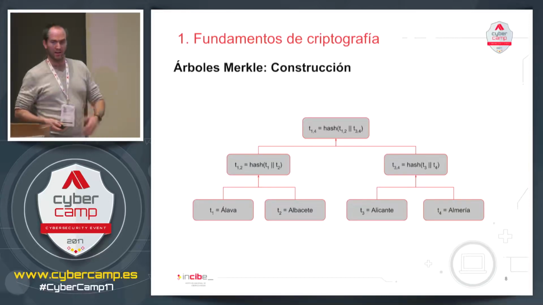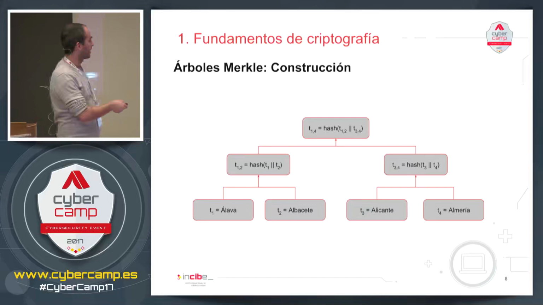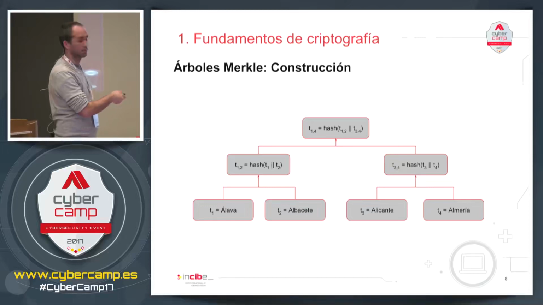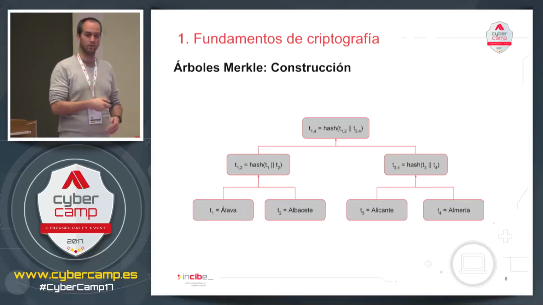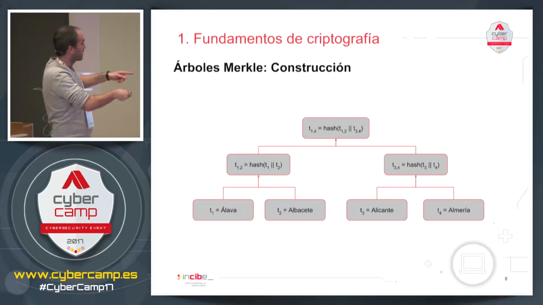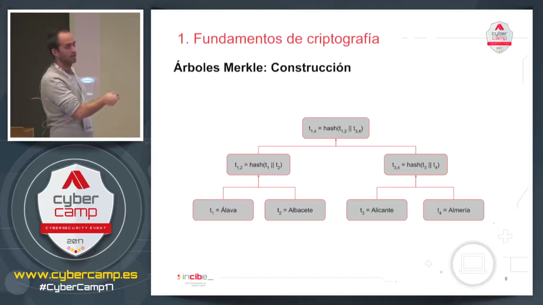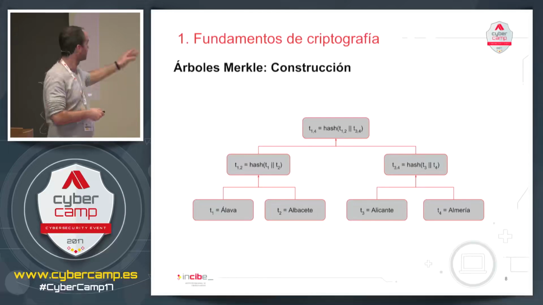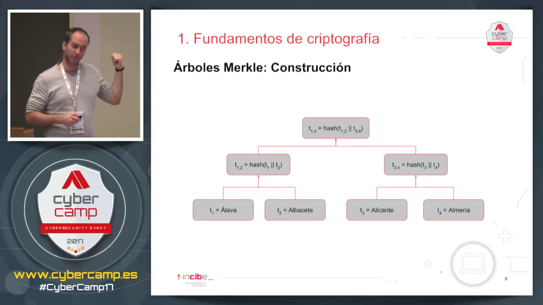So you go to Almería. What will happen? The verification will fail, because this hash here, when I change this value, is going to be completely different. So this change to the bottom right node will head upwards, and in the end, the root hash, which is Álava, Albacete, Alicante, Zaragoza, is completely different to Álava, Albacete, Alicante, Almería.